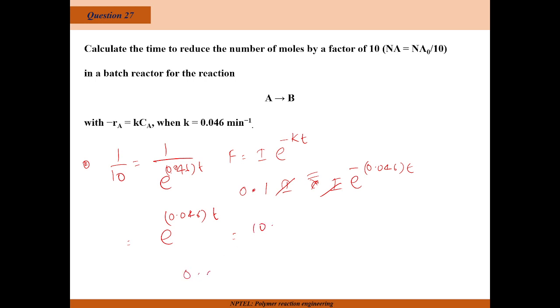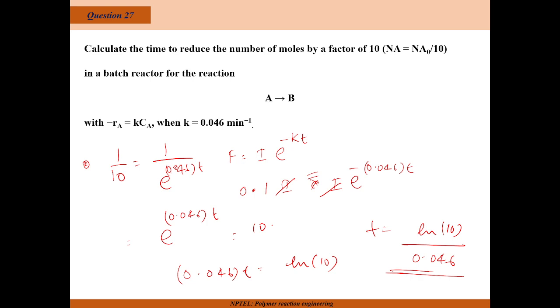So 0.046 times t is nothing but ln 10, and then t can be written as ln 10 by 0.046. That is now just some numerical work, and then we'll get the answer.